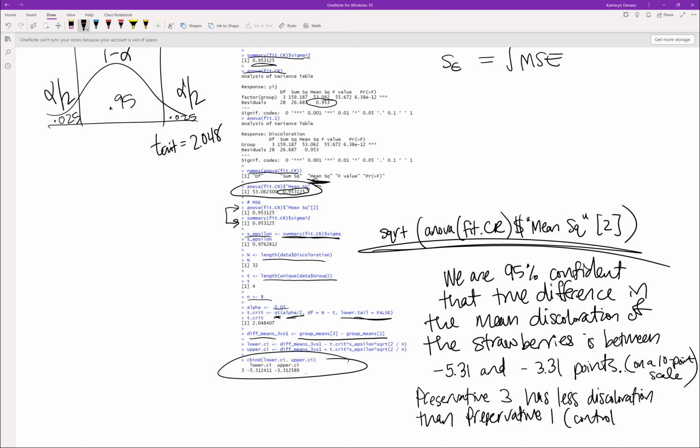We know that because our 95% confidence interval does not include 0. If the confidence interval included 0, then we would say that there's a chance that there's no difference in the discoloration. But since this confidence interval is between negative 5 and negative 3, that means that preservative 3 on average had 3 to 5 points less discoloration compared to preservative 1.